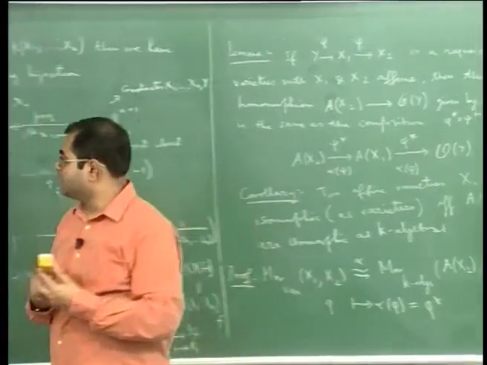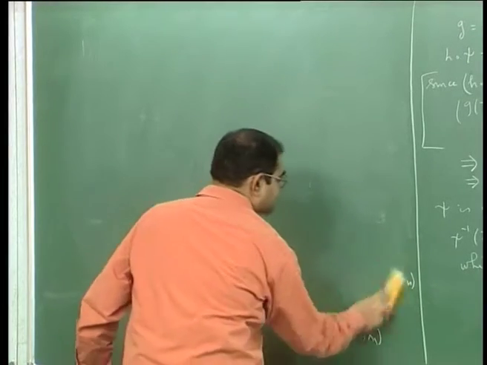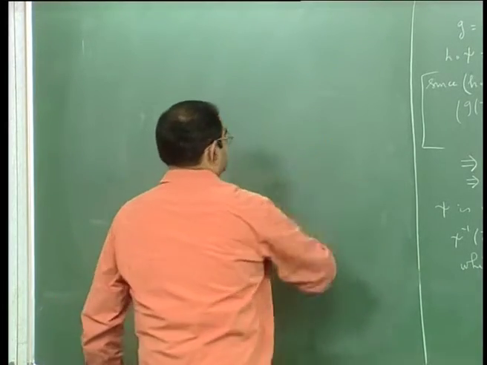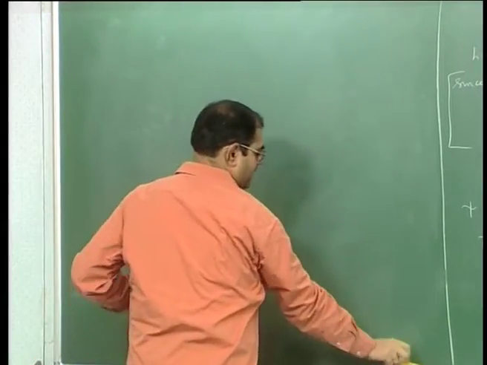Let me write that down. That's the final statement, which, as I mentioned at the end of the lecture before the last one, is a grand statement of the Hilbert Nullstellensatz, namely it's an equivalence of categories. So let me write that down here.